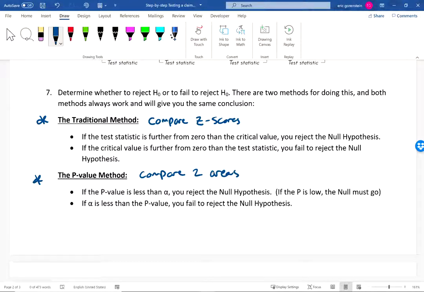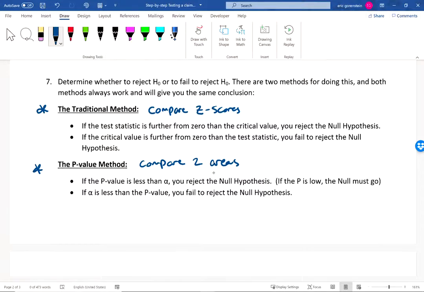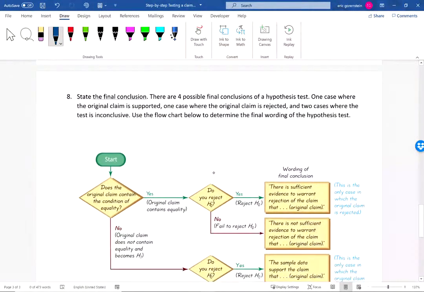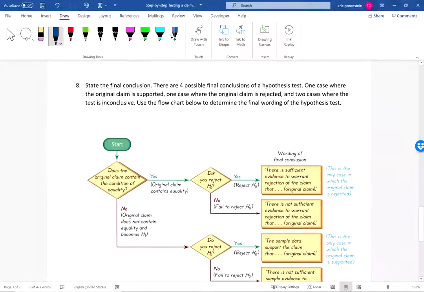Either way, the traditional method and the p-value method, they both tell you what to do with the null hypothesis. Just option A, option B. You keep the null hypothesis or you reject the null hypothesis. And once you determine that, the very last step, like I was discussing earlier, is to state the final conclusion.